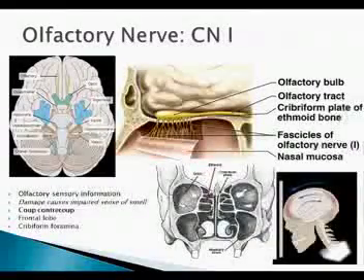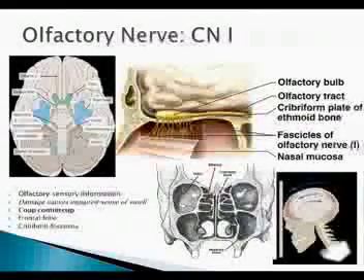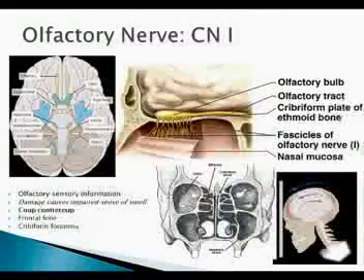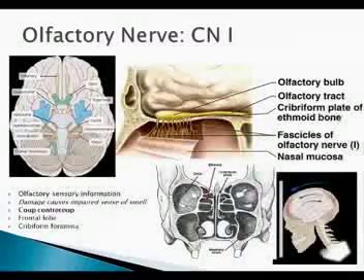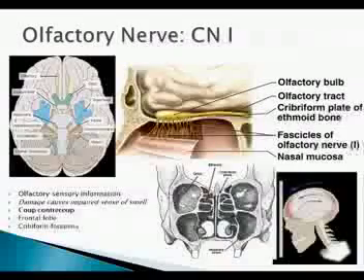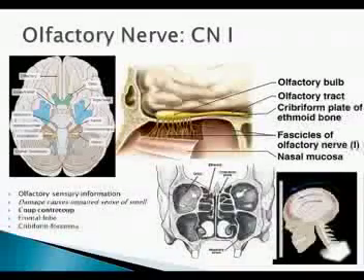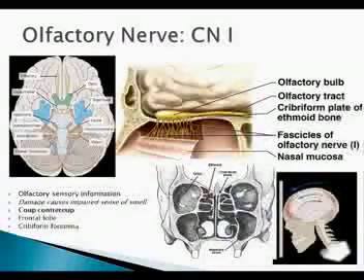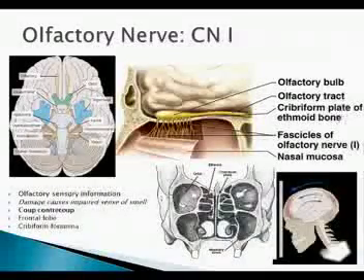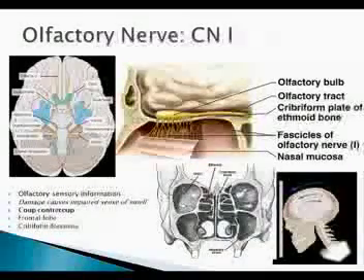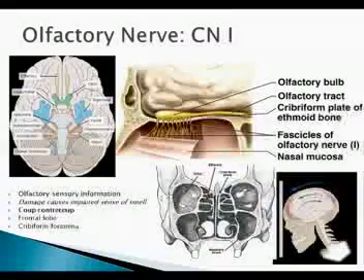So we're going to start with talking about each individual nerve, some of the specific functions associated with it, and if there's anything particularly of interesting note, we'll mention that. The olfactory nerve, also called CN1 or cranial nerve 1, as you might guess, deals with olfaction, or smell.